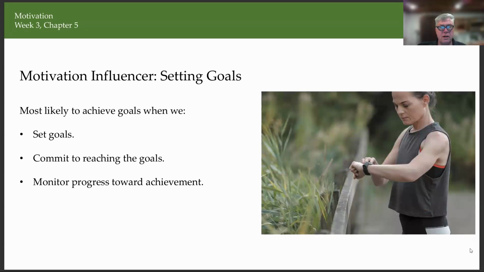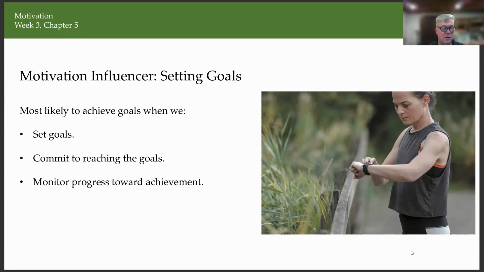Motivation influencer: setting goals. We are most likely to achieve goals when we set goals, commit to reaching the goals, and monitor progress toward achievement. Hence the graphic of the young lady with her watch, timing or tracking her activity that day.